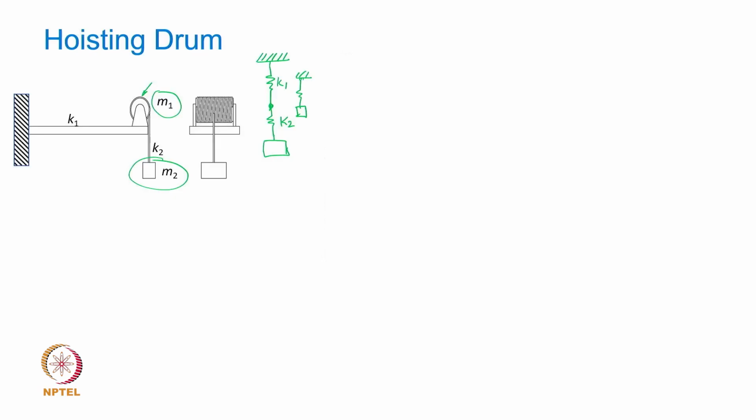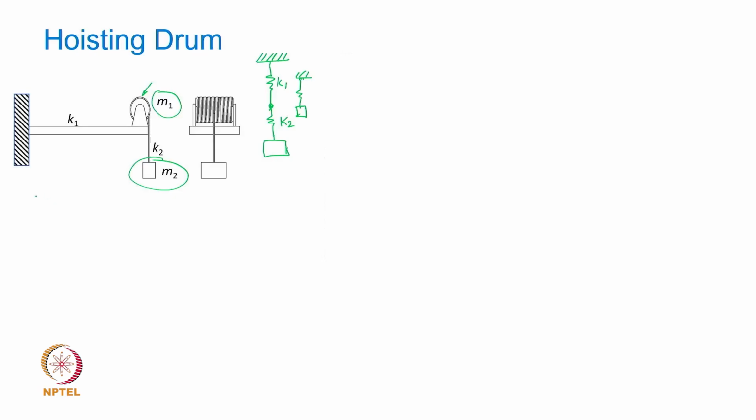Now what if this m1 is not very small or negligible compared to the mass m2? What happens? Now we obviously have discussed this in the initial discussion of this multi-degree of freedom system, that if such is the case that m1 is not something which is very small compared to m2, we might as well include that in the model.